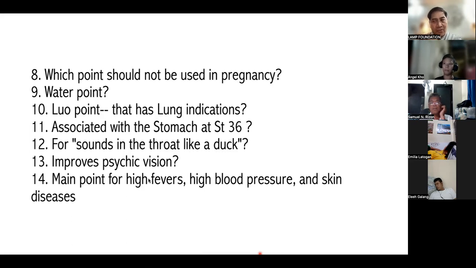Why is that so? Wait lang po, Doc. You analyze, LI11 is a tonifying point. So, when you tonify, you're actually strengthening the LI. So why do you use that? Dapat isa-sedate. Bakit mo siya gagamitin sa high fever? Eh di lalong tataas yung fever, di ba? What is the reason?